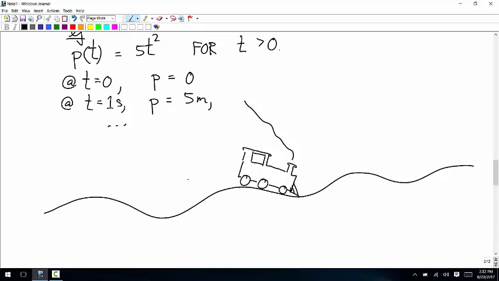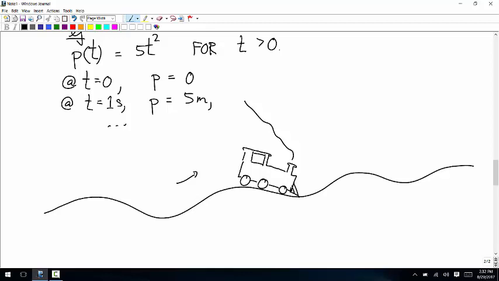Okay, so the train's heading down the tracks. First of all, is this one-dimensional motion? Yes. So a lot of times people think of one-dimensional motion as being on a line, but it doesn't really have to be on a line. It just has to be that at every point. That's what we have here.